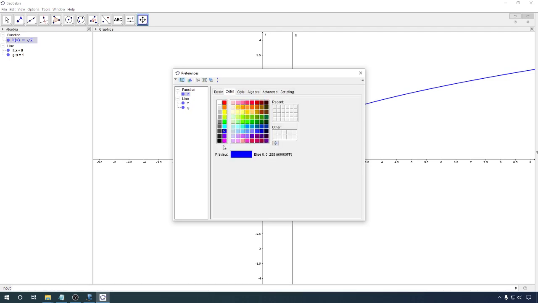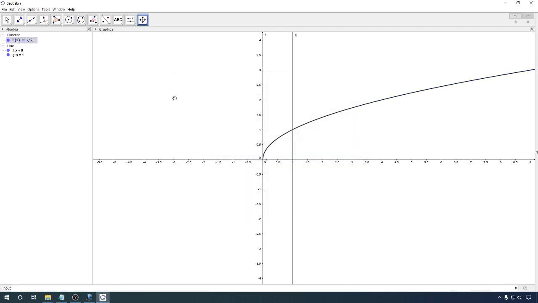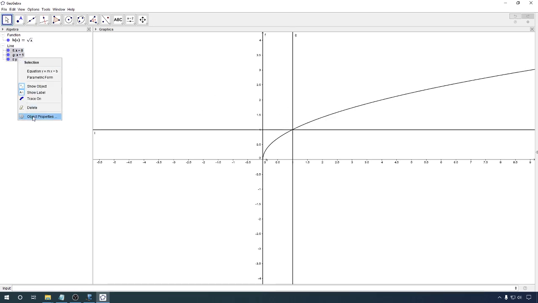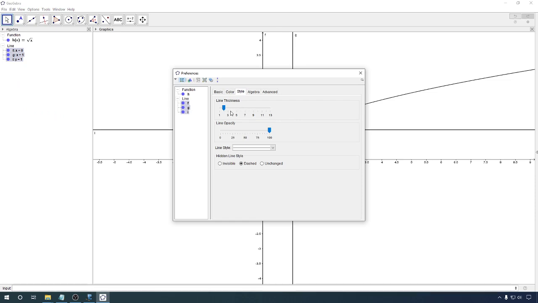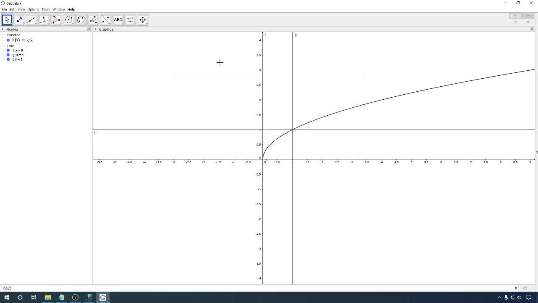I'll turn it black. And then the other one, I think, is y equals 1. Let us make these a little bit more visible. There we go.